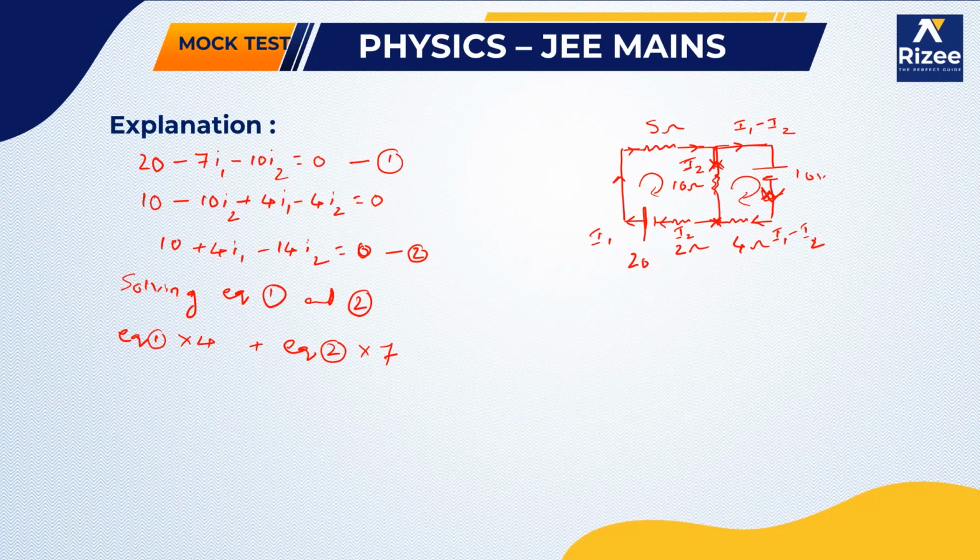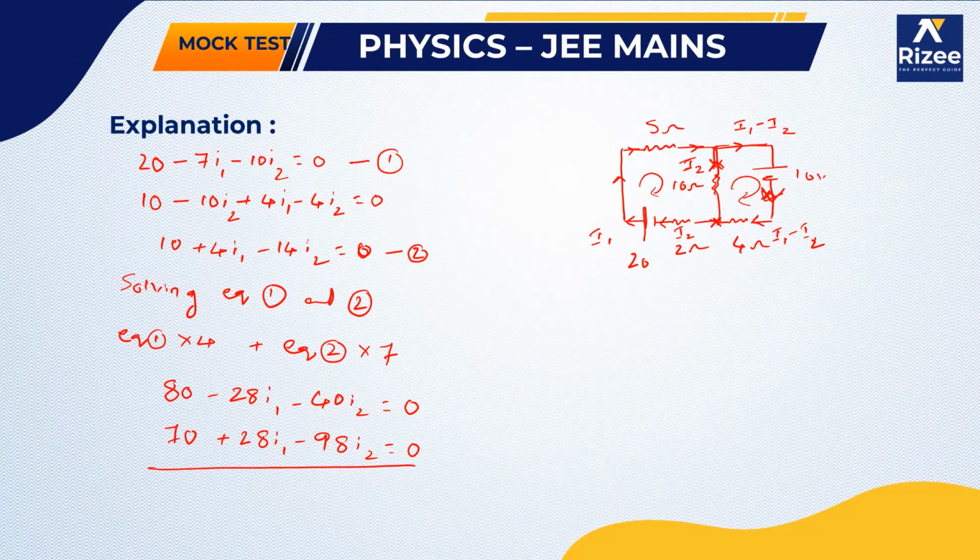So your equations will turn out as 80 minus 28 I1 minus 40 I2 is equal to 0, and another one, 70 plus 28 I1 minus 98 I2 is equal to 0.